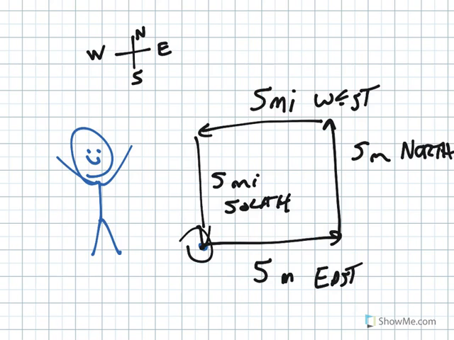And then you end up right here where you started. So then the question is, what distance did you travel? Well, you went 5 miles and 5 miles and 5 miles and 5 miles. That's 4 times 5 miles. You walked 20 miles.